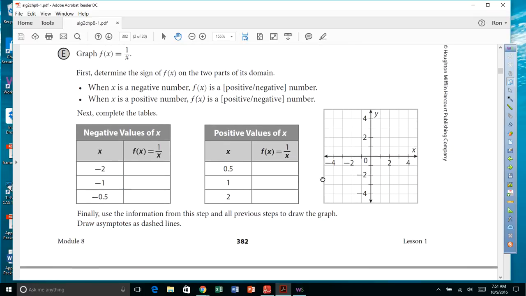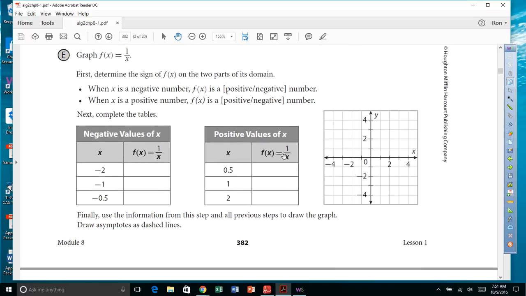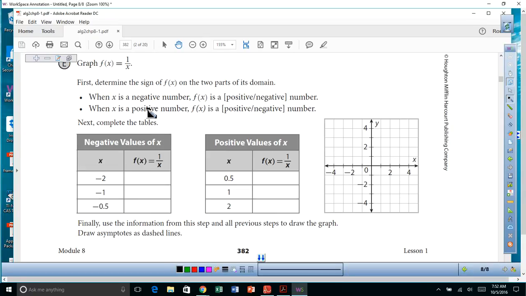Graph f of x equals 1 over x. First, determine the sign of f of x on the two parts of the domain. When x is a negative number, f of x is a negative number.